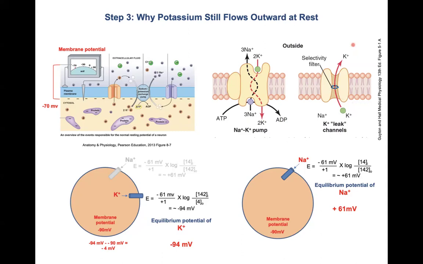And about 15 families of them have been identified so far. The sodium-potassium pump then restores the gradients, preventing the leaks from dissipating them. This explains why potassium still tends to flow outward at the resting potential. The cell is closer to, but not exactly at, the potassium equilibrium potential.